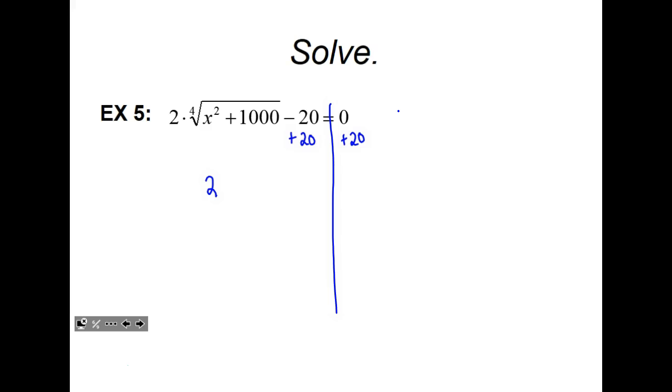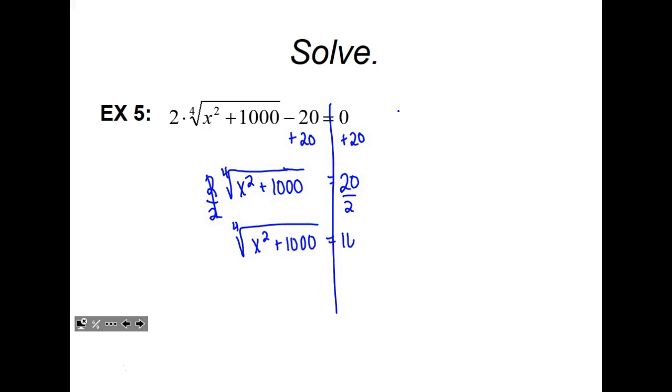So I get 2 times the fourth root of x squared plus 1,000, and that equals 20. I would divide by 2. So I get the fourth root of x squared plus 1,000 equals 10.